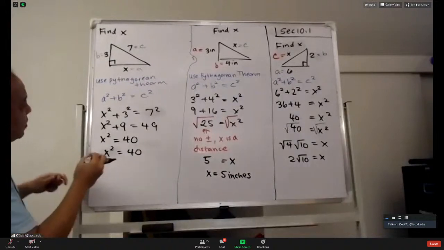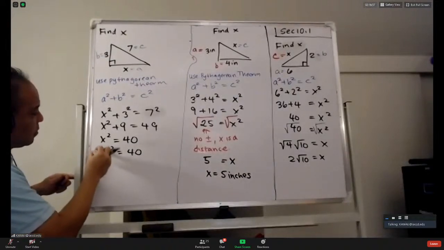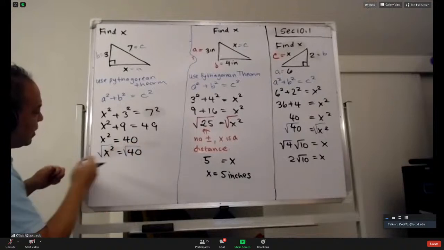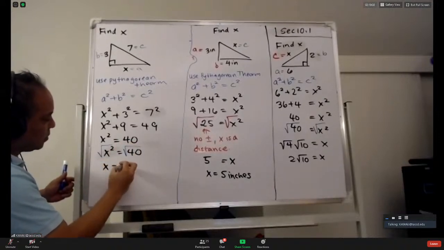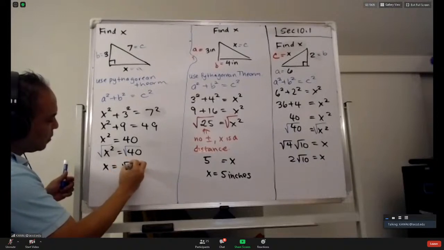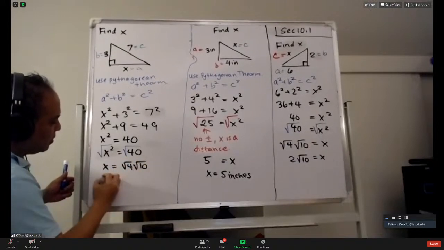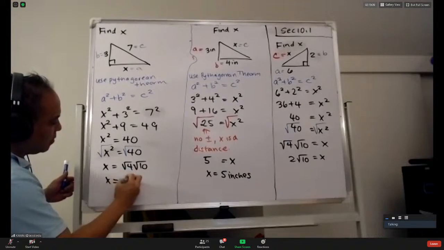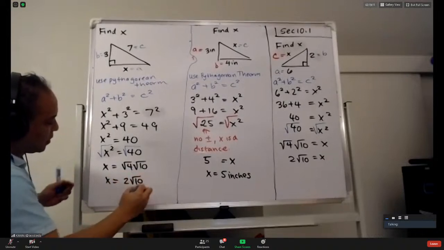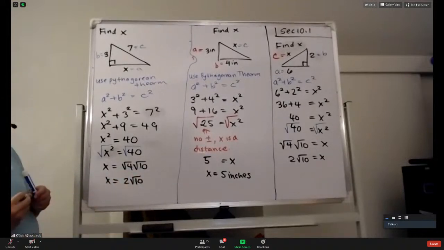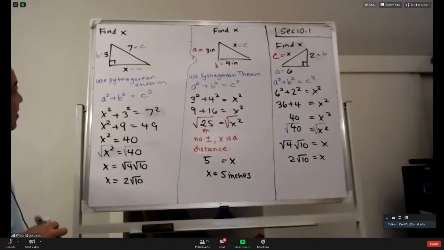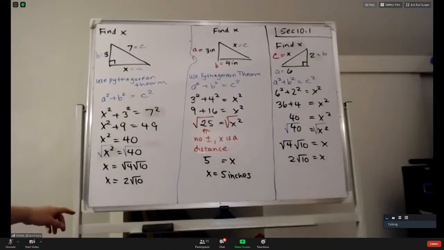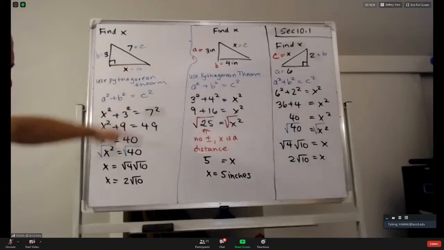And then I'm going to square root this, square root that, and I get x is equal to square root of 4, square root of 10. Okay. Now, weirdly, we got the same answer. I didn't mean for that to happen. It just randomly happened. Go ahead, copy this, and then I'm going to show you how to round it.